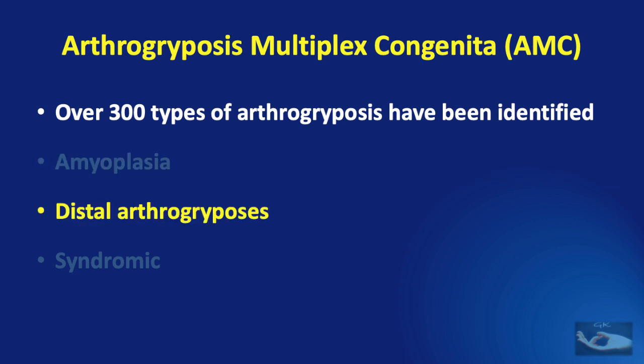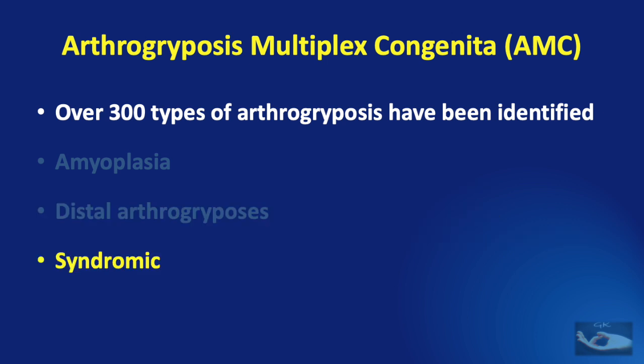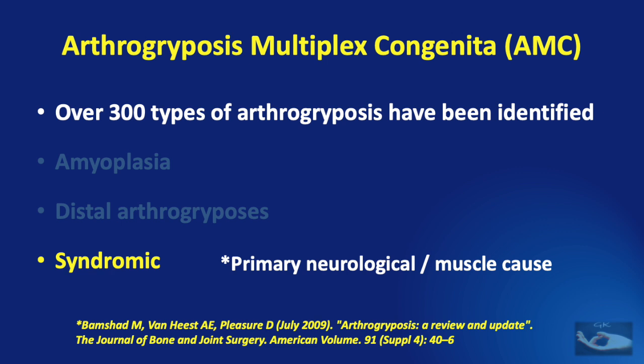Distal arthrogryposis refers to genetic disorders which have about 11 discrete patterns, each with variable penetrance, and this involves mostly the distal parts of the limbs. And the syndromic type refers to multiple congenital joint contractures occurring due to primary neurological or muscle causes.